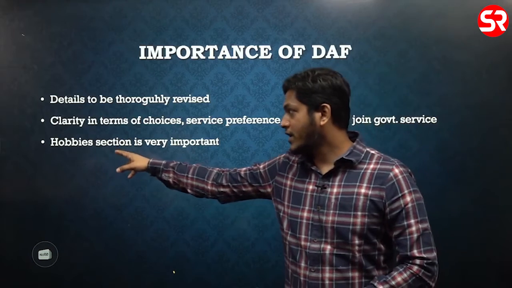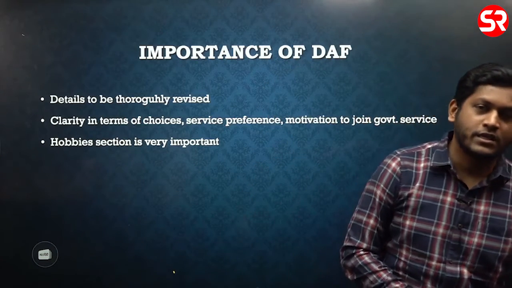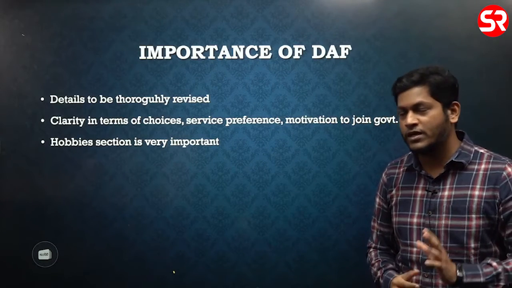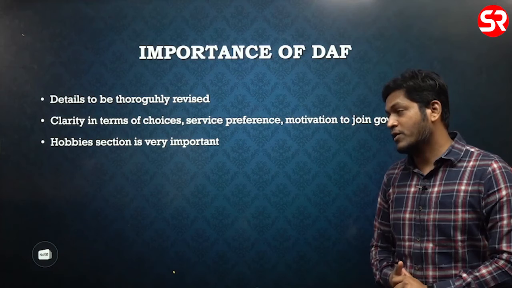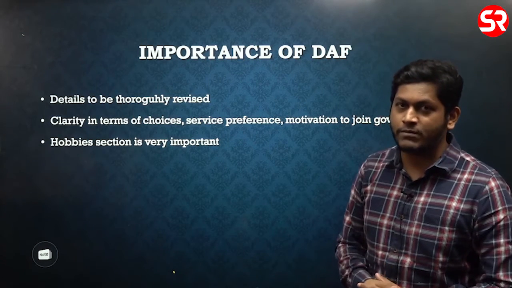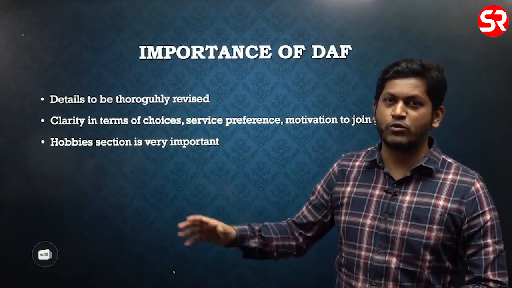The third area which bothers the candidates is the hobbies section. The hobbies section has to be carefully sought out and carefully taken, because hobbies is an area across which a wide number of questions can be asked. Suppose you are putting a hobby as watching films or movies.